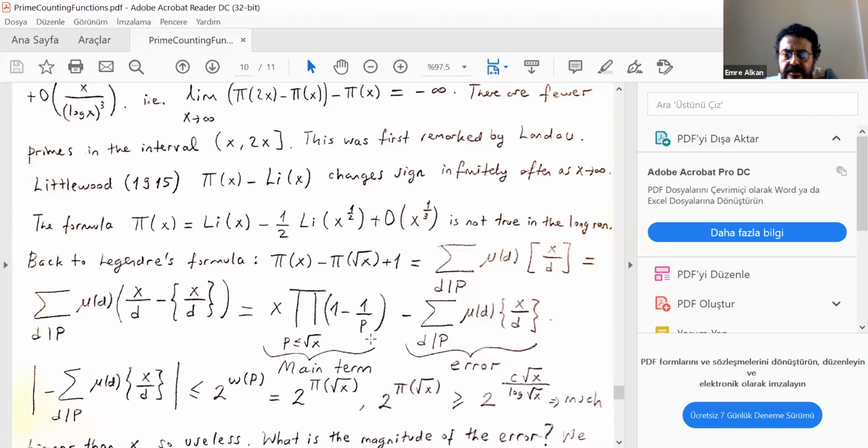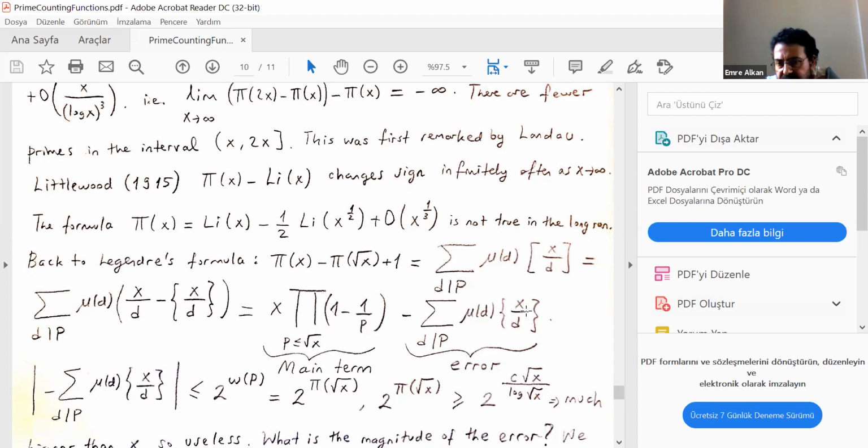Now, everyone looking at this would see that the first term is the main contribution, because it's x times something, and maybe this other sum is an error, because μ is a small function. It takes values −1, 1, and 0. The fractional part is a small function too. It's bounded always by 1 in absolute value.